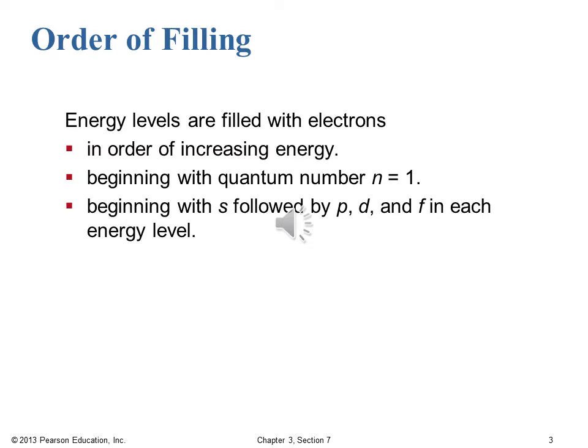There are energy differences, and the electrons go by energy difference, so they fill in order of increasing energy. They begin with the lowest energy, the quantum number n equals 1, and first they would fill the s orbital, followed by p, d, and then f within each energy level, although as we mentioned already, we do see some unusual behavior like the 4s filling before the 3d.